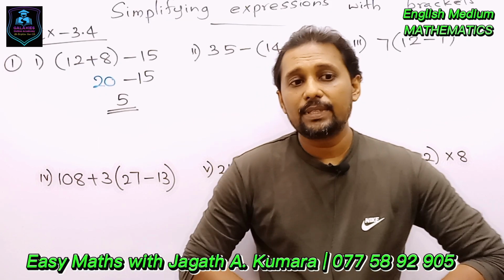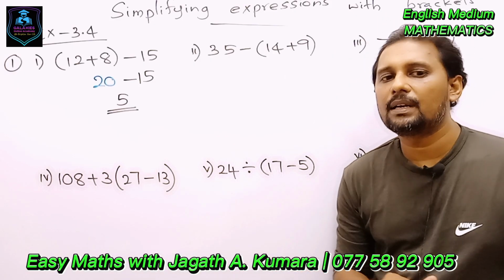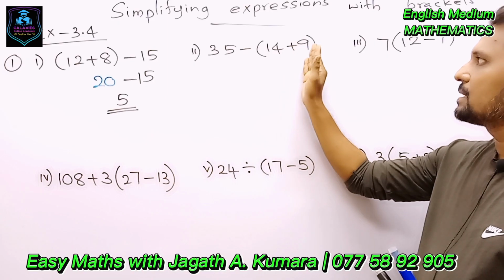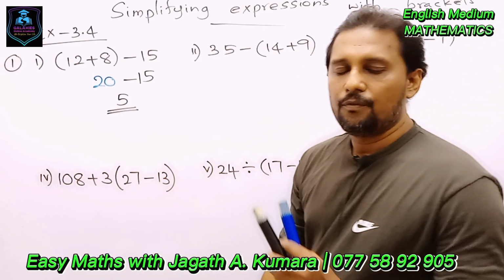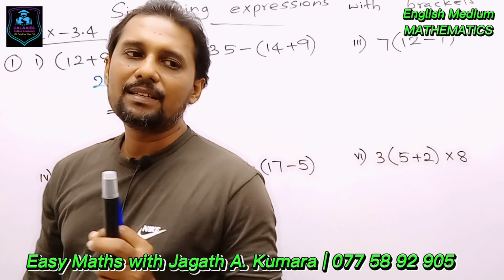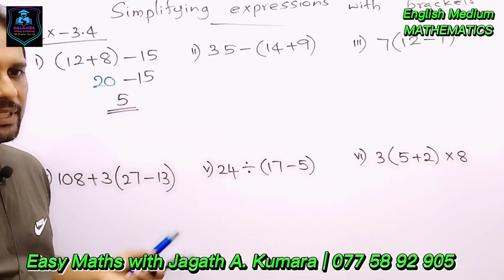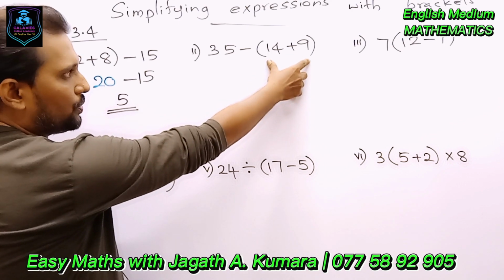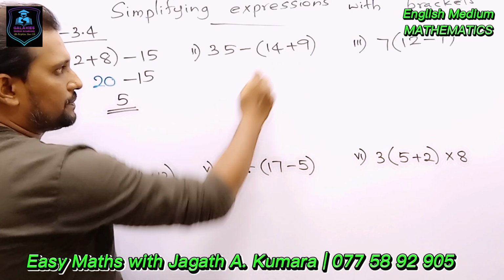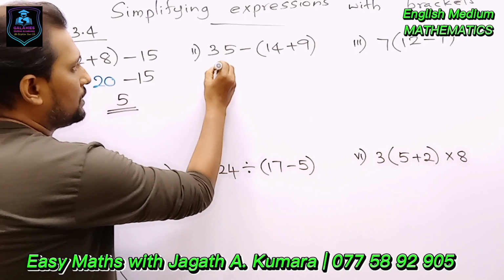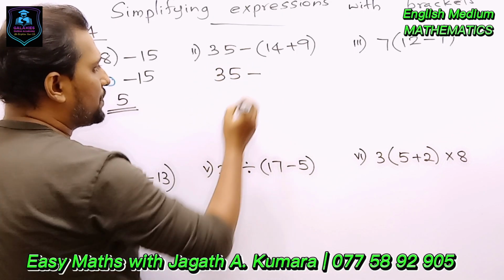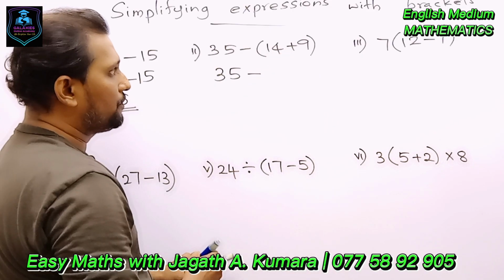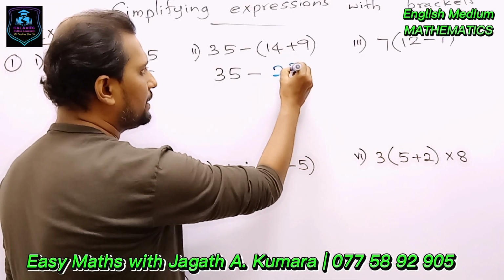Then let's go to the second part. The second part is 35 subtract, within the bracket 14 plus 9. As the first step you have to simplify inside the bracket. According to the theory, you simplify inside the bracket, so add these two numbers. 14 plus 9 is 23.